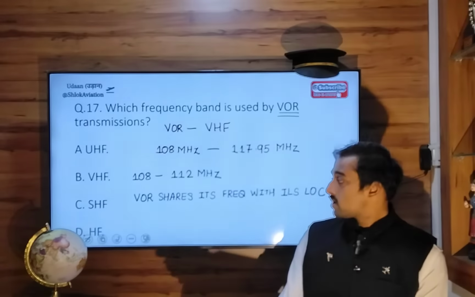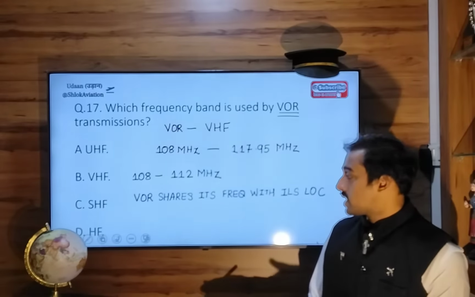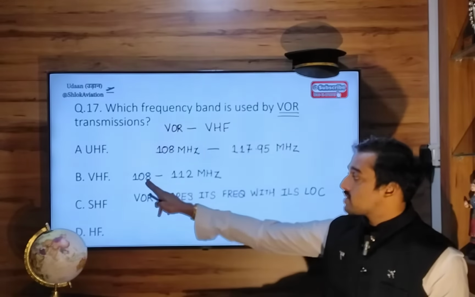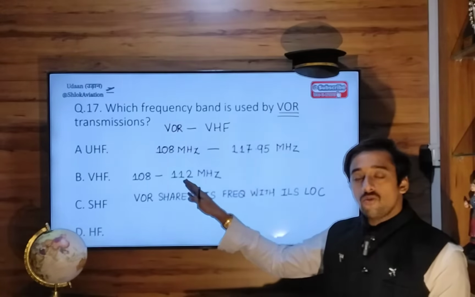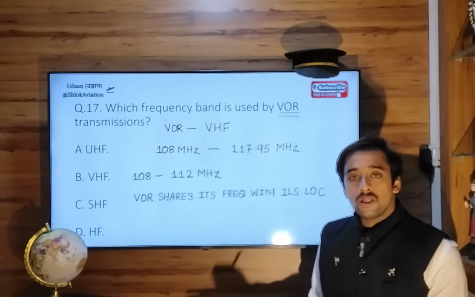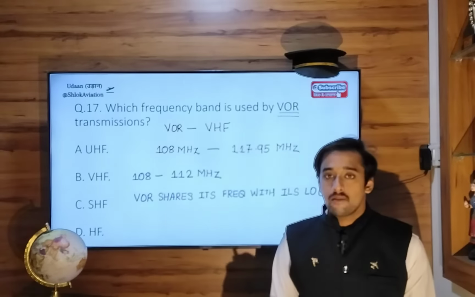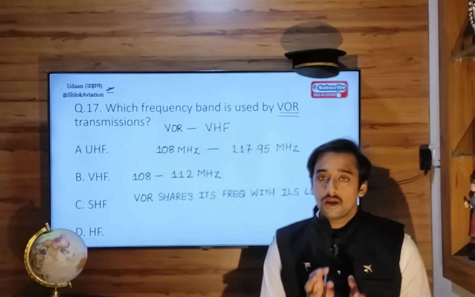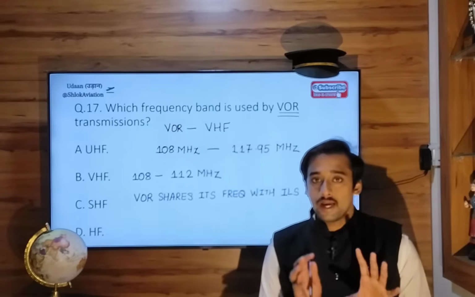So it shares its frequencies with ILS localizer only between 108 to 112. Beyond 112, that is from 112 to 117.95, all the frequencies are exclusively available to VOR. But between 108 and 112, the frequencies are shared between VOR and ILS.